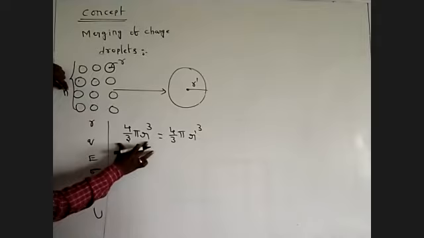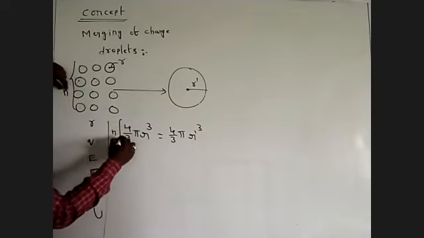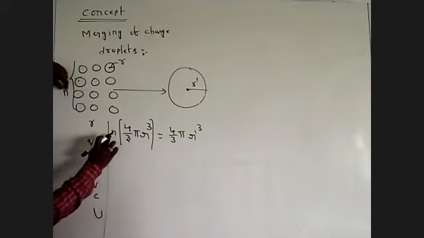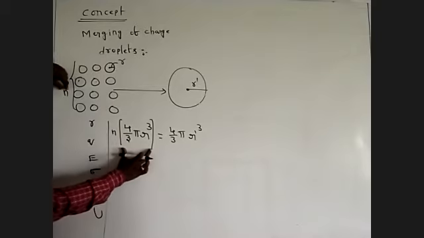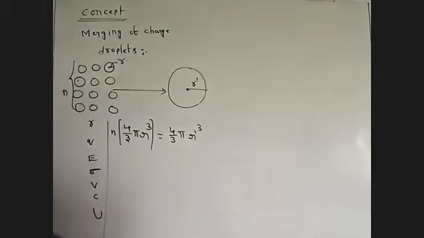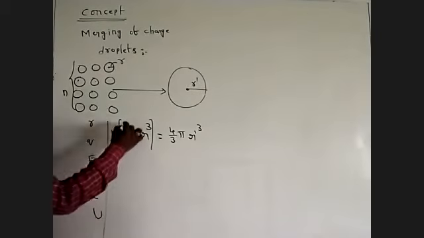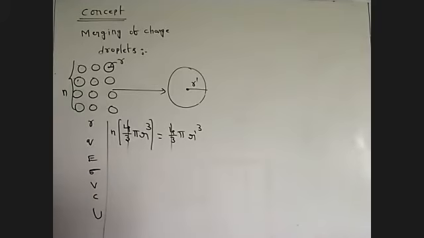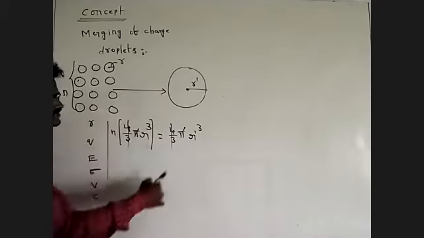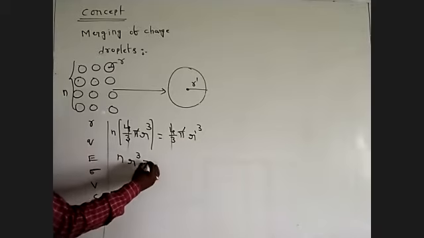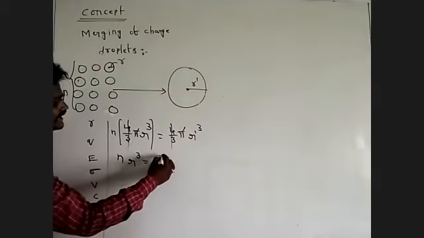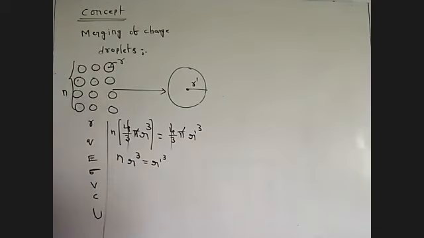How many droplets do we have? N. So n into the single droplet volume equals the large water droplet volume. Both sides, 4/3 pi cancel each other, and remaining n r cube is equal to r dash cube.